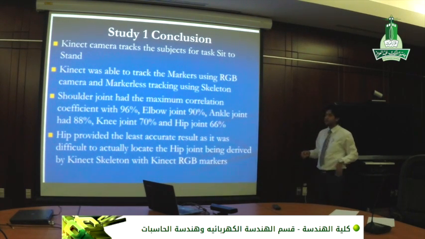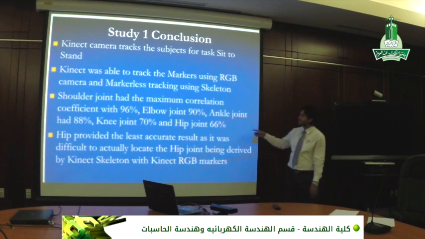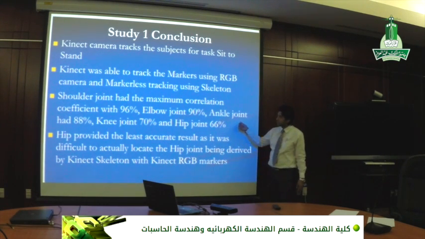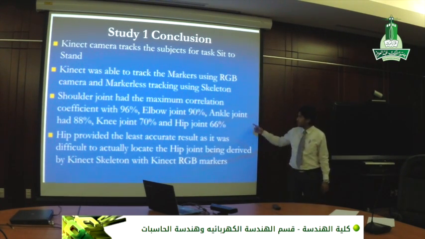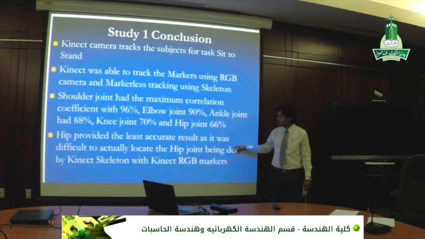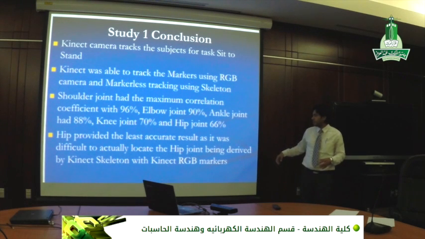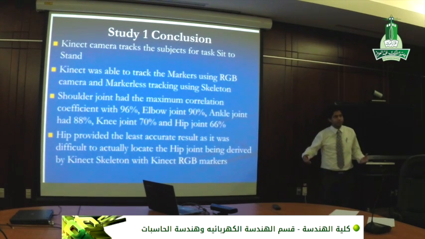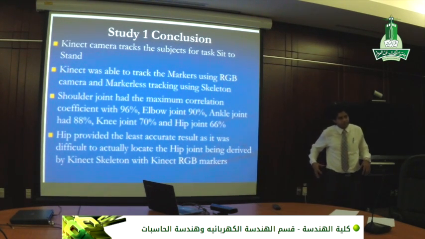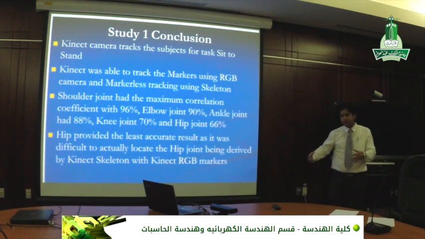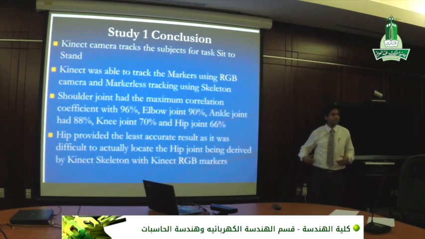The shoulder joint had the maximum correlation coefficient, 96%, elbow joint 90%. The least was for the hip joint. The reason for the low correlation at the hip joint was that it was very difficult to analyze where to put the markers on the subject and where the Kinect skeleton is perceiving it.